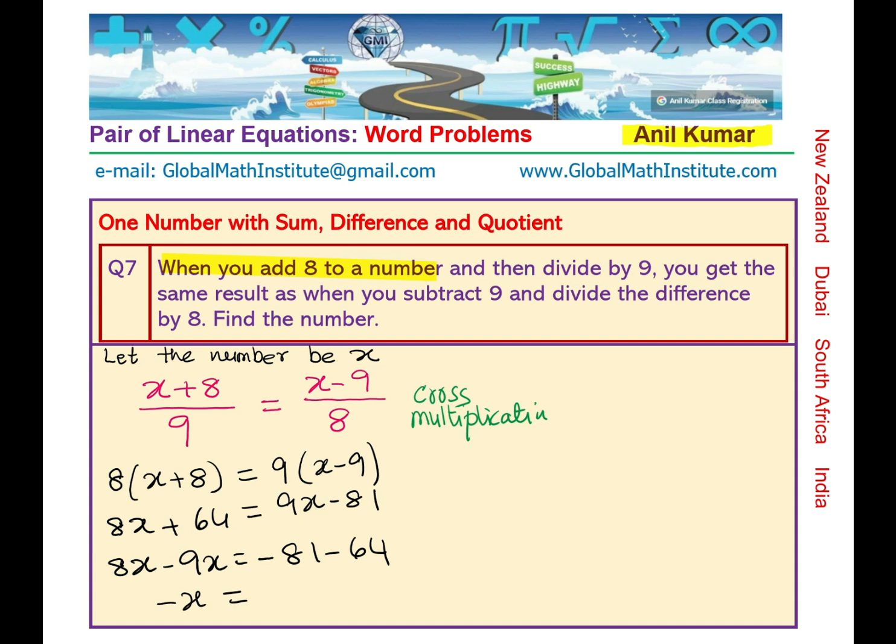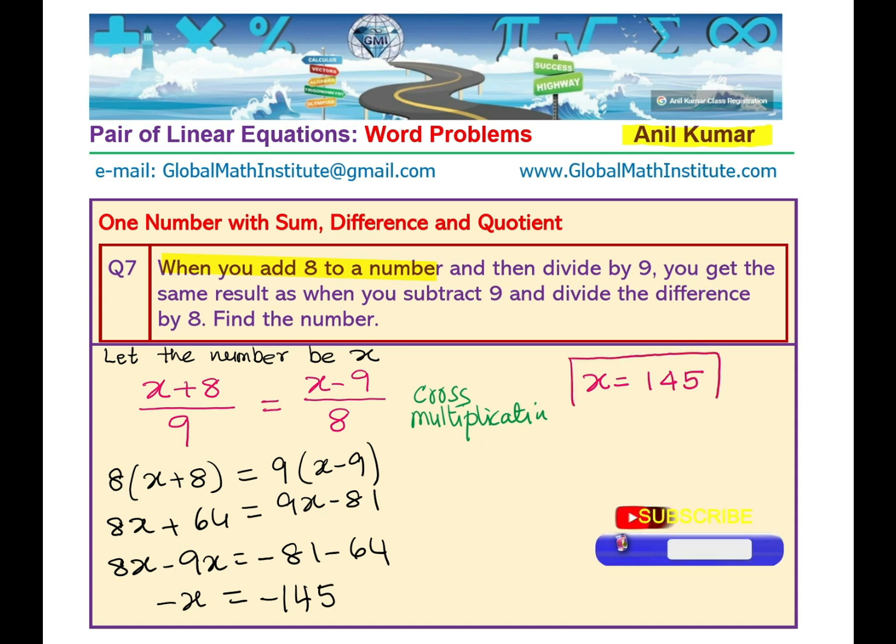This is also a negative number, a larger negative number. 1 and 4 is 5, and 8 and 6 is 14. So we get minus x equal to minus 145, and that gives you the value of x equals 145. So we have our solution.